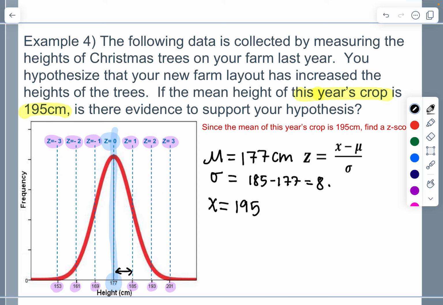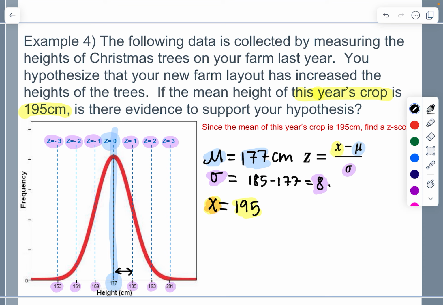So now that we have all of our information, we can go back and plug it into our z-score formula, right? z equals x minus mu over sigma. We know what sigma is. Sigma is 8. Mu is 177. And we also know our data value. I'm going to use yellow. Our data value is 195. That's what we're trying to compare.